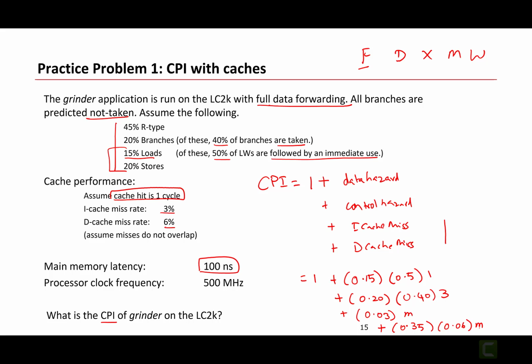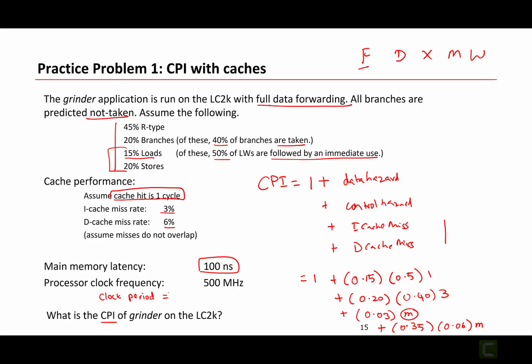Okay, let's compute the number of cycles to access the main memory. We are given that it takes 100 nanoseconds to access the memory. Now we need to convert this into processor clock cycles. To do that, we need to look at the processor clock frequency and figure out the clock period, or rather clock cycle time. The clock period is 1 over the clock frequency.